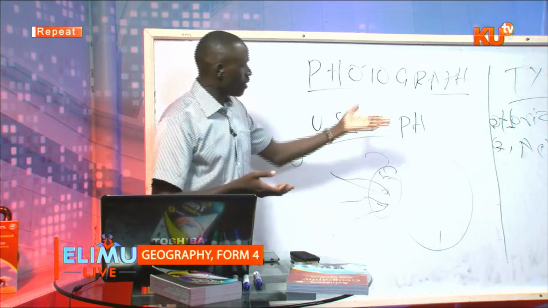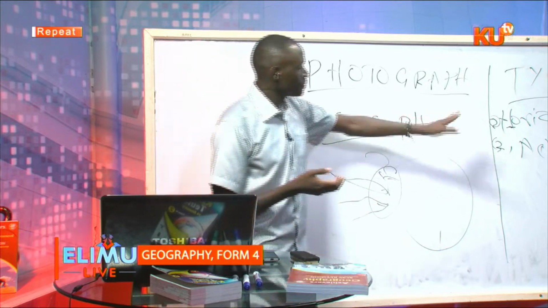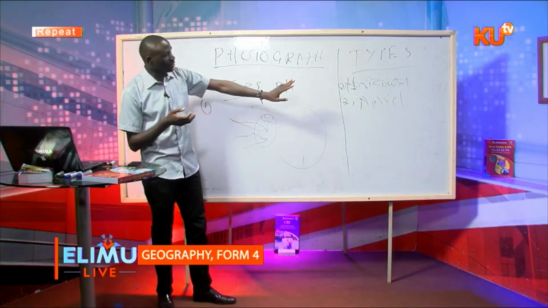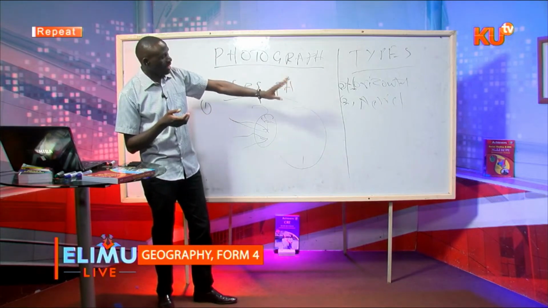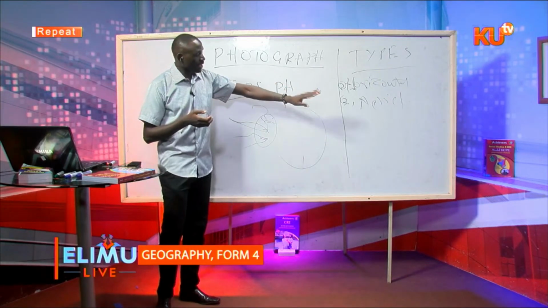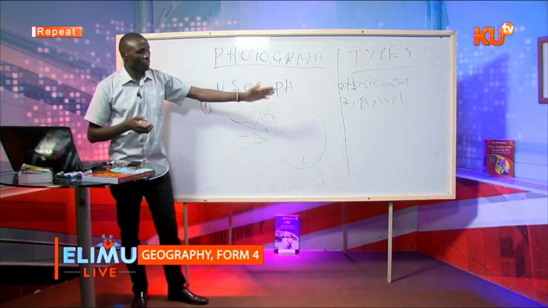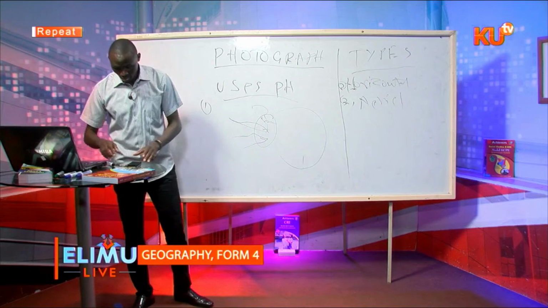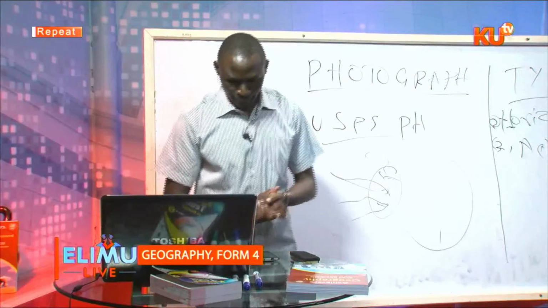You've said there are only two types: the ground photograph and the aerial photograph. Under ground photograph, there is horizontal, then there is oblique, and under the aerial photograph, we've talked of the vertical and the oblique photographs.